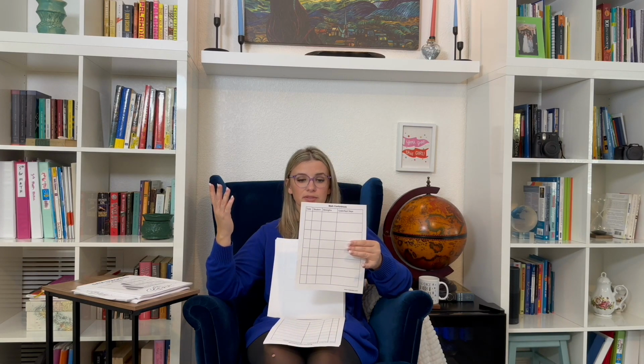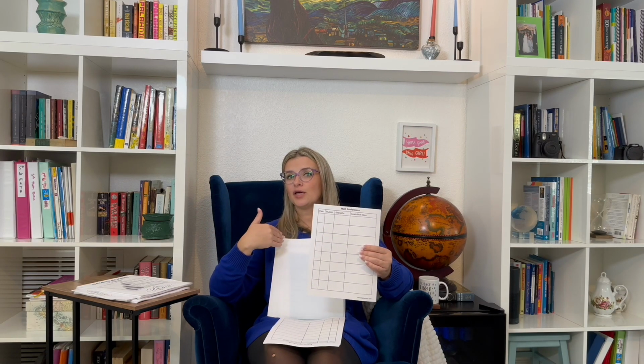This one is a math conference sheet. I also have it for science and reading as well. But you would write the date, the students you had a conference with, their strengths and their goals and next steps. Now, this could be double-sided, depending on how many students you have.